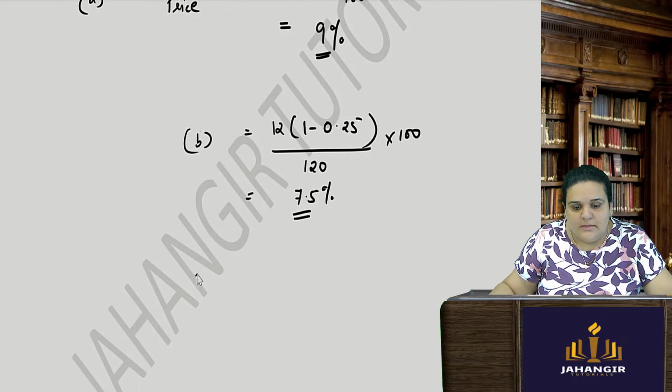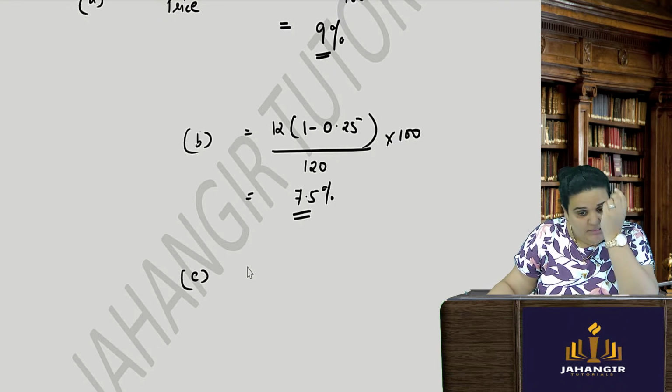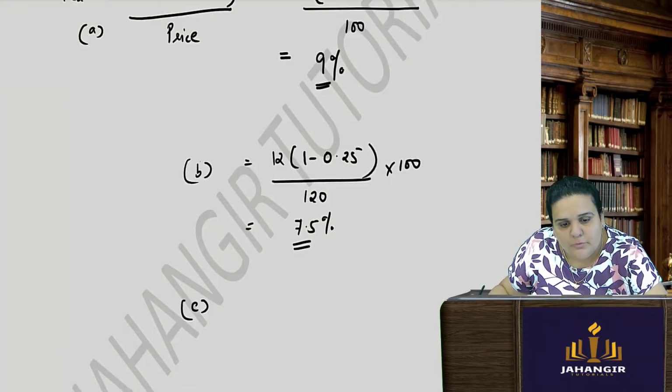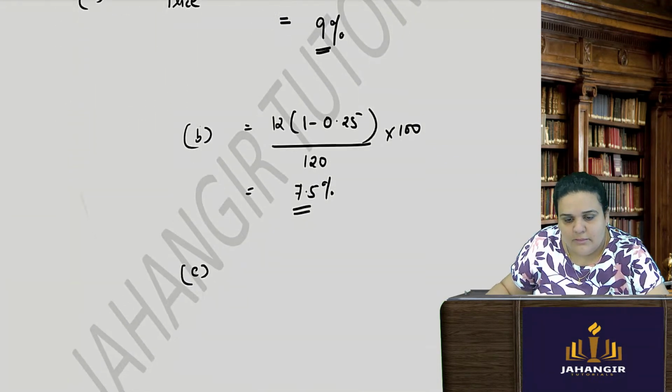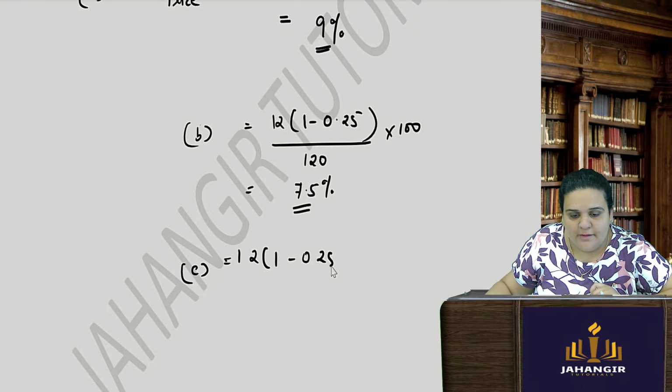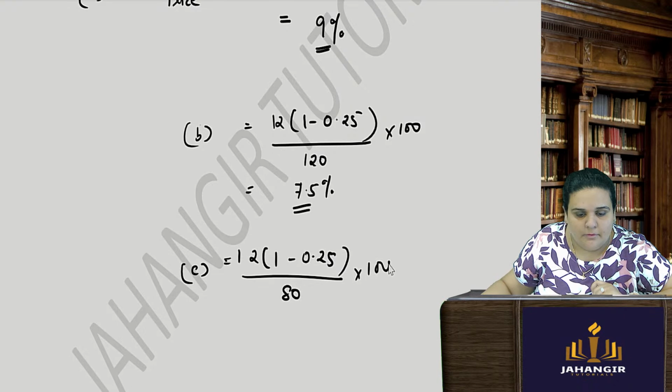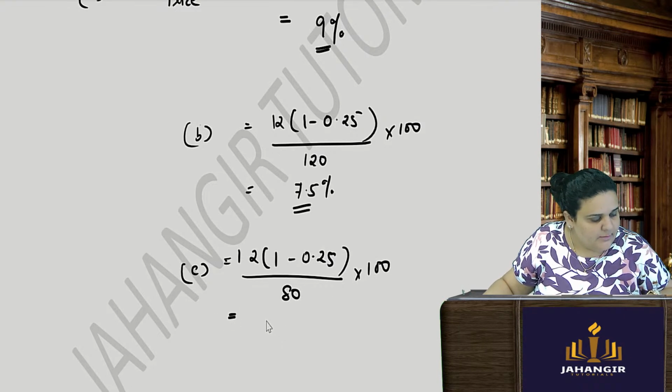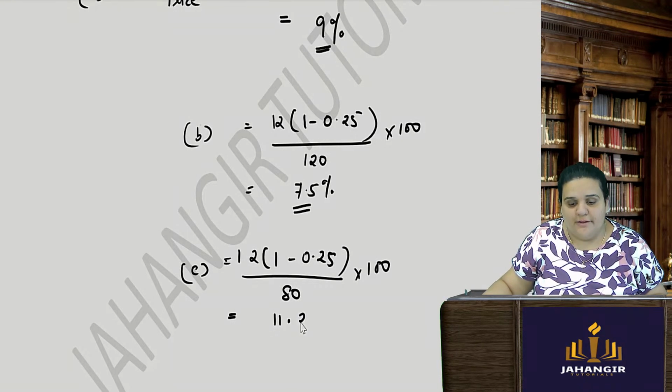Now C, with the discounted price. The price has changed; it becomes 80 rupees. So 12 into 1 minus 0.25 upon 80, into 100. Here this is going to become 11.25%.